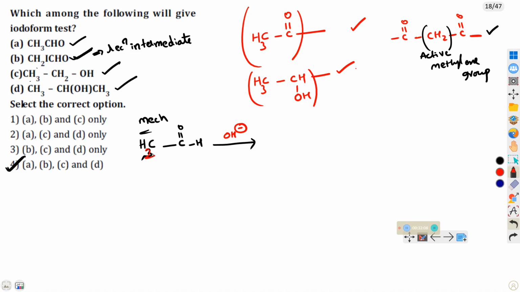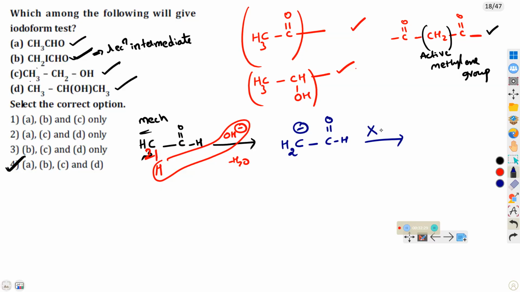It can also be written as CH2H. It reacts with acidic hydrogen, H plus OH minus. H2O you can remove. Then it gives the compound CH2 minus CH double bond O, which reacts with halogen X2.